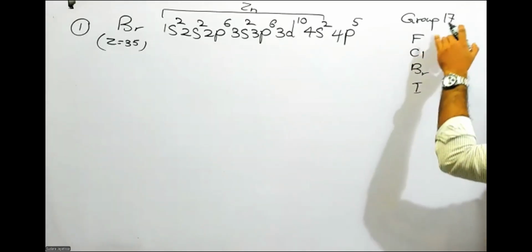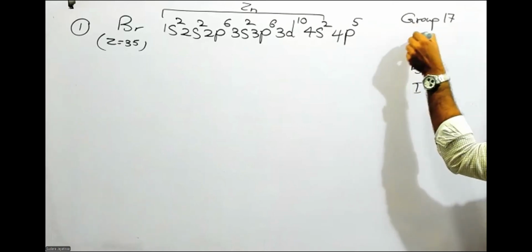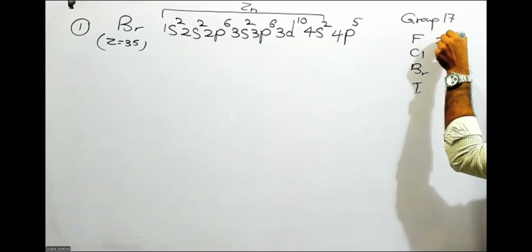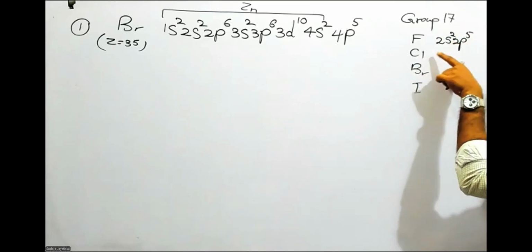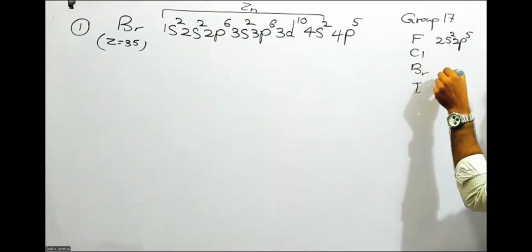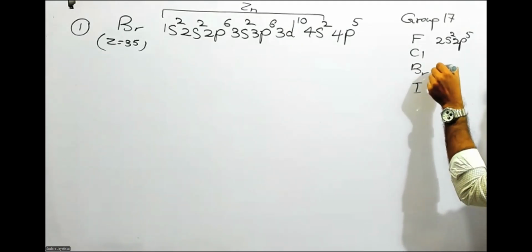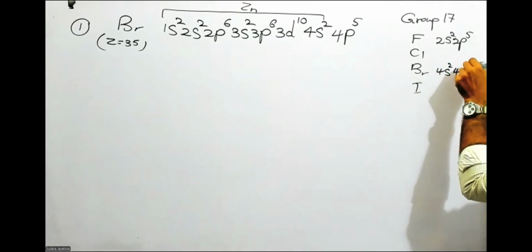Understand? So our fluorine is there in the second energy level, so the electronic configuration ends in 2s2, 2p5. Likewise, chlorine 3s2, 3p5. So in the same way, bromine should end the electronic configuration as 4s2, 4p5.